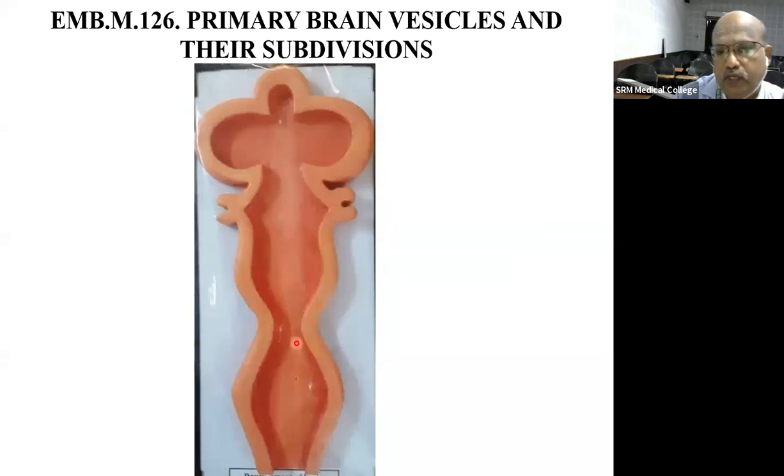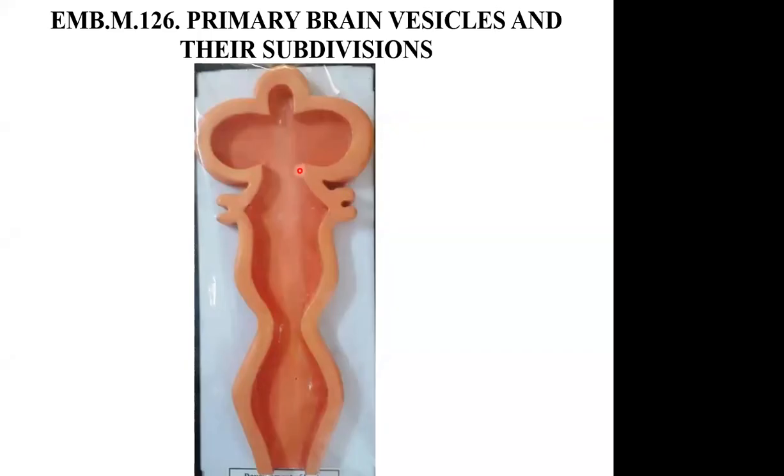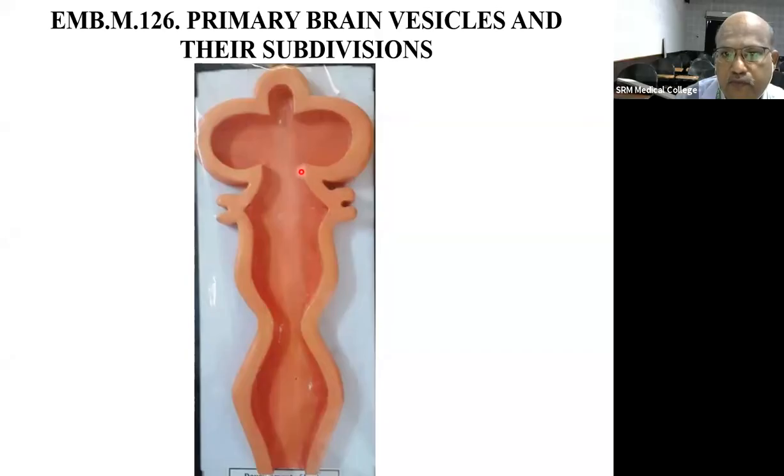Now this is your prosencephalon. This is the central part, the diencephalon. These two are the telencephalon. What you have here is the third ventricle, and these two are the lateral ventricles. Both are connected by the interventricular foramen, or foramen of Monroe.